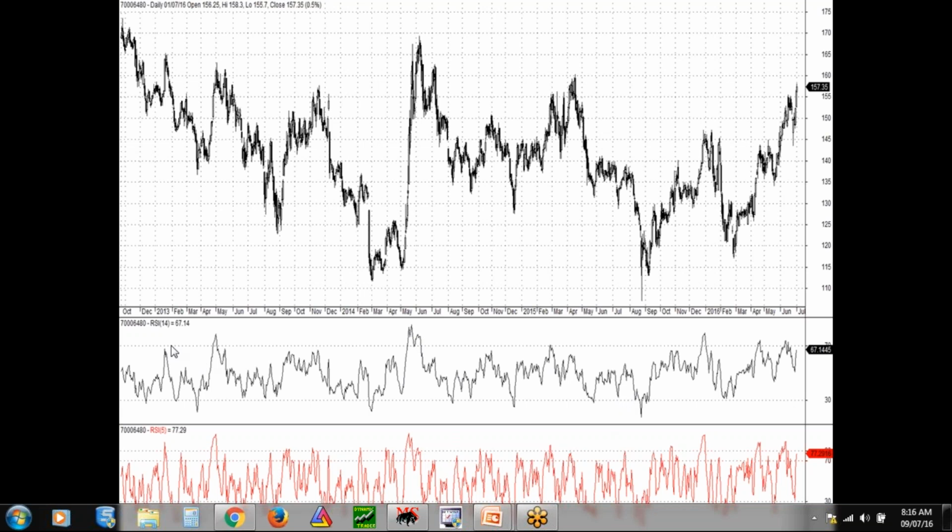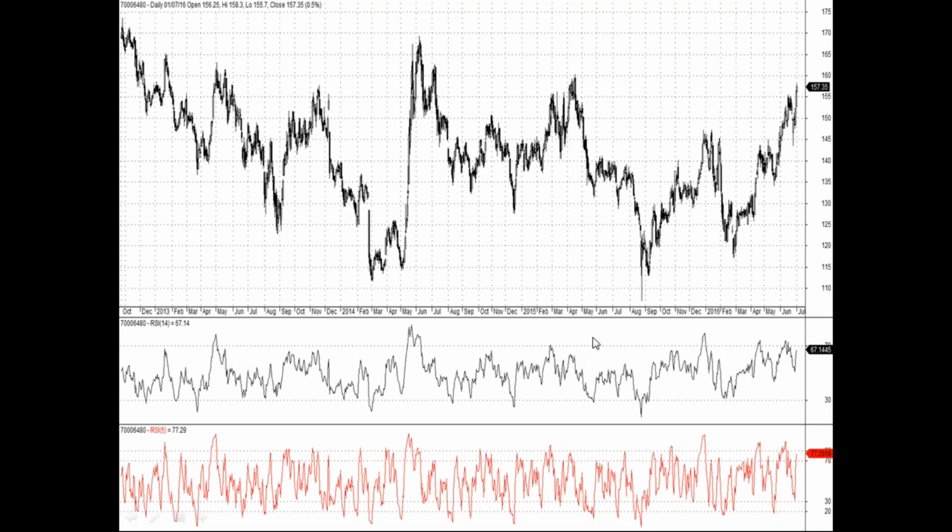We use RSI 14 only. The usage of RSI 5 is a very different thing; the overbought and oversold levels are different there. This is just to show what happens when you decrease the time frame of the RSI: you get this volatility and everything becomes blurred and compact. You can't understand anything. So keep the RSI period at 14 as of now.